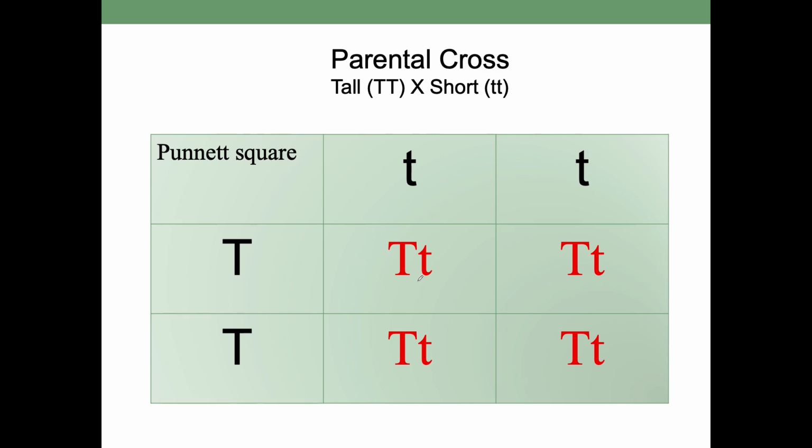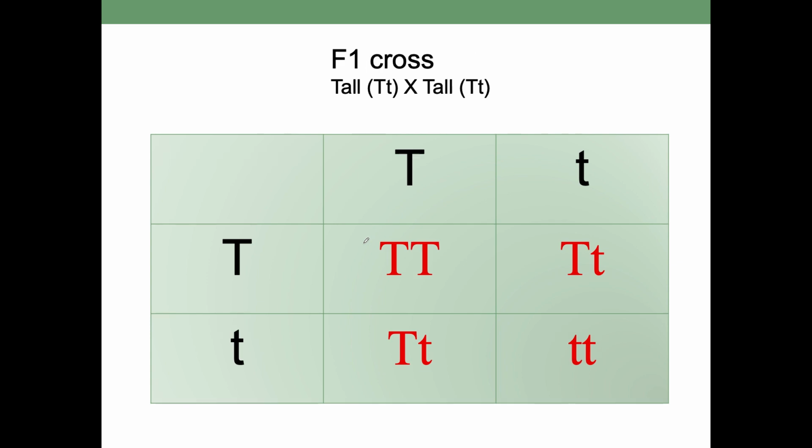And remember, because in each of these genotypes there's a dominant allele and a recessive allele, the dominant one is always going to be expressed. The recessive allele can't be expressed because it's paired with a dominant one. So in other words, 100%, 4 out of 4 of the offspring have the tall phenotype. That's the result that Gregor Mendel attained through his first experiment, his first step in these experiments.